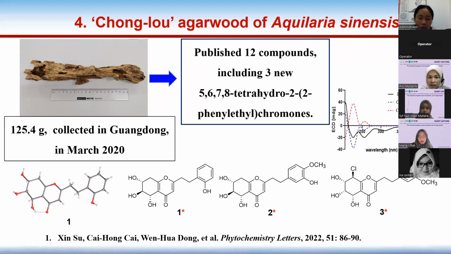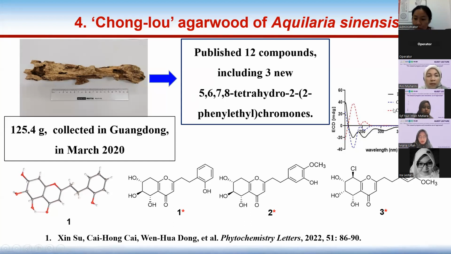From this sample, we have published 12 compounds, including 3 new 2-(2-phenylethyl)chromones. Here is the X-ray crystallographic analysis of compound 1, and compound 3 is a chloro substituted compound.